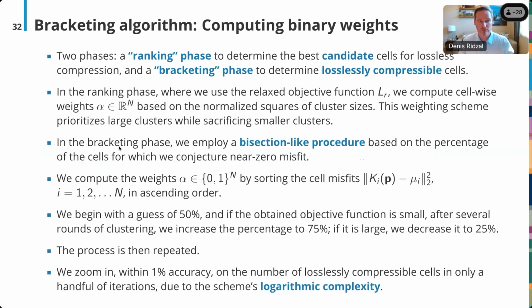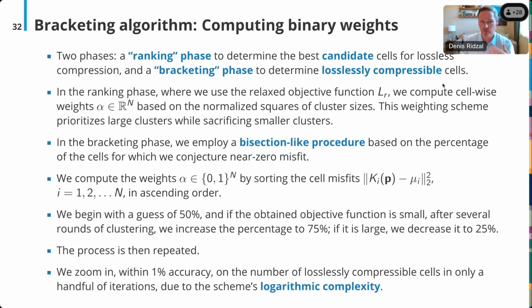So to compute the binary weights, we have two phases. And this is why I talked about a lossless objective function and a relaxed objective function. The first phase is to rank misfits, and this basically allows us to determine the best candidate cells for lossless compression.